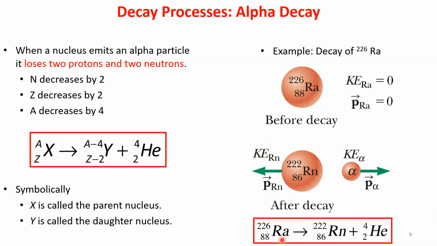This is the equation: radium 226 88 produces radon 222 86 plus one helium.